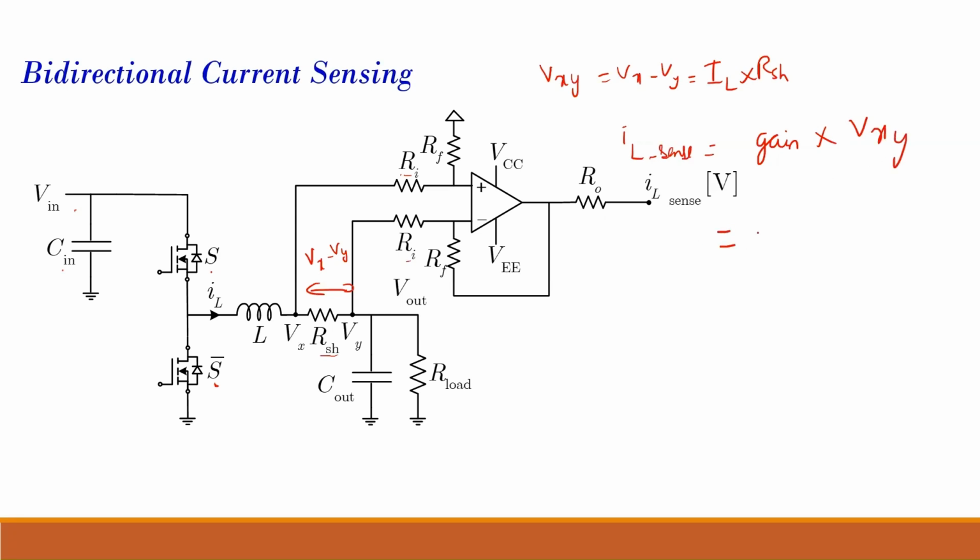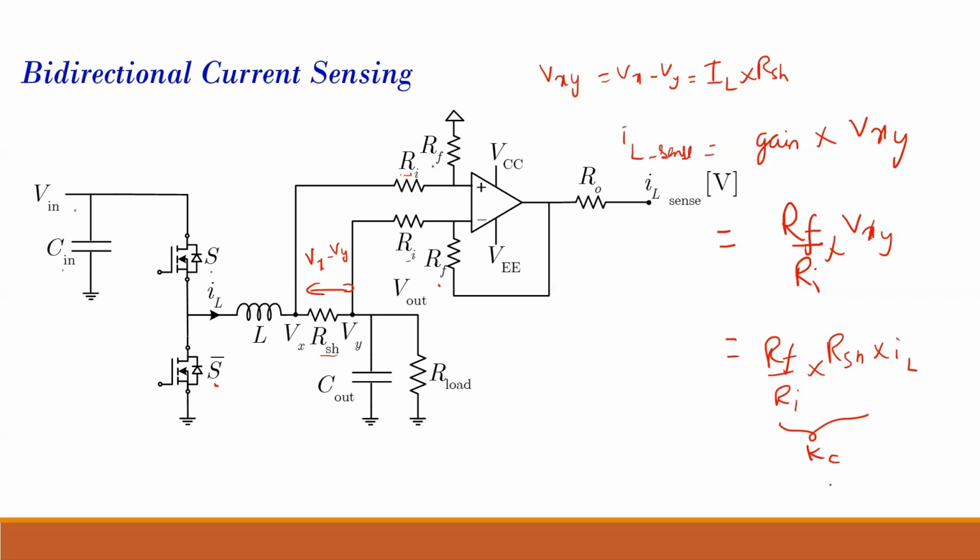The gain of the differential amplifier is Rf upon Ri, where this is the resistance Rf and this is Ri. So it is Rf upon Ri into Vxy, which is equal to Rf upon Ri into R shunt into IL. This is effectively my current sensing gain.